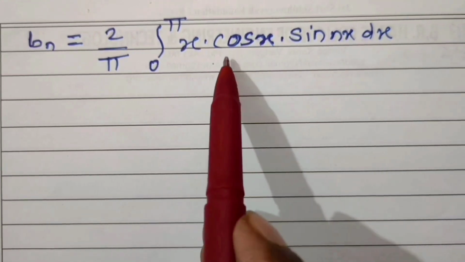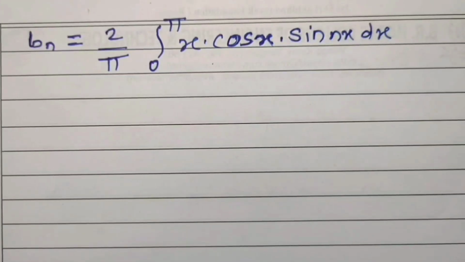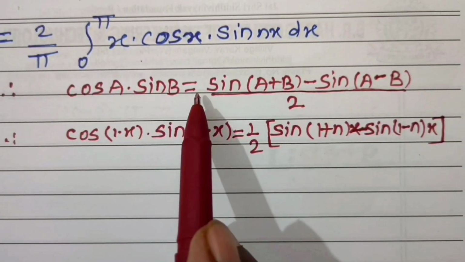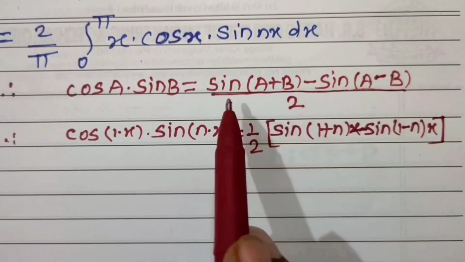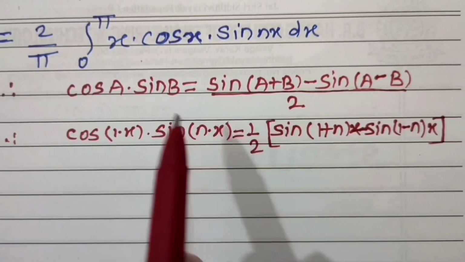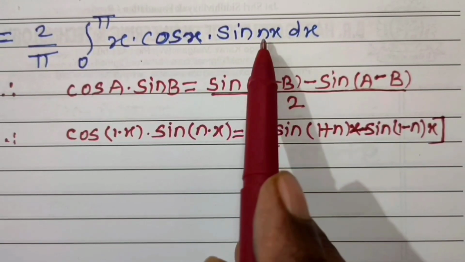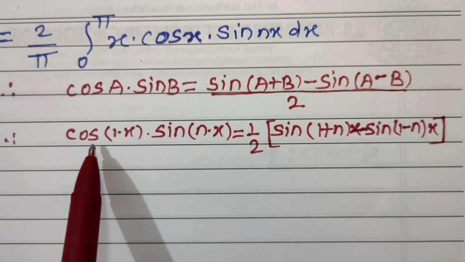Now we must know the trigonometrical formula, cos a into sine b is equal to sine of a plus b minus sine of a minus b divided by 2. So here coefficient of x is 1 and here coefficient of x is n. So we can write cos x into sine nx like this.